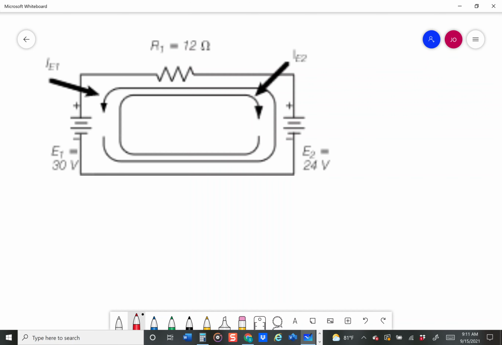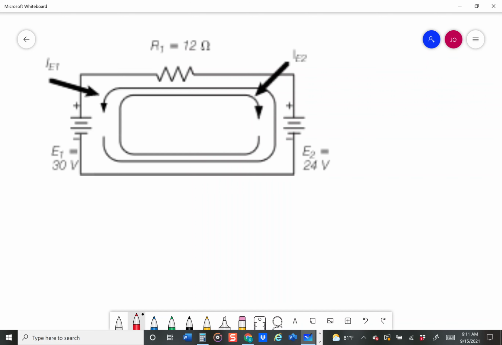And with superposition, basically what we're going to do is act like one of those voltage sources isn't there and solve for the circuit. And then we're going to remove the original voltage source and act like it isn't there and replace it with the one that we acted like wasn't there the first time. That sounds confusing. I'll clear it up. So in this case here, we're going to start with voltage source 1, or E1.